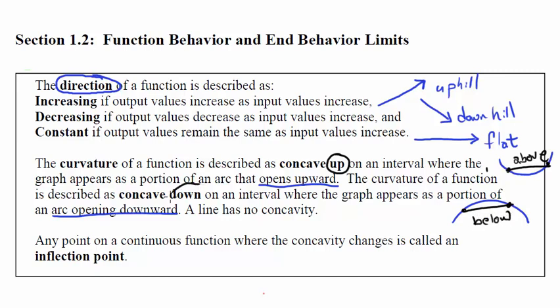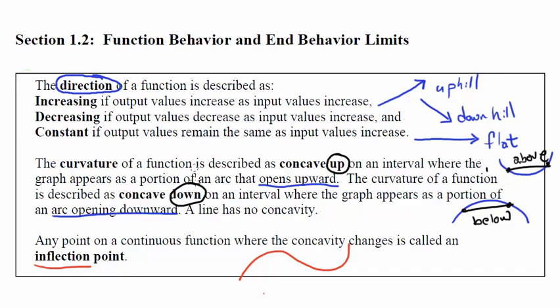I am concave down. Now, on a graph, if there's a point where I switch from concave up to concave down, or from concave down to concave up, that is called an inflection point. Okay, so for example, let's say I have something that looks like this.